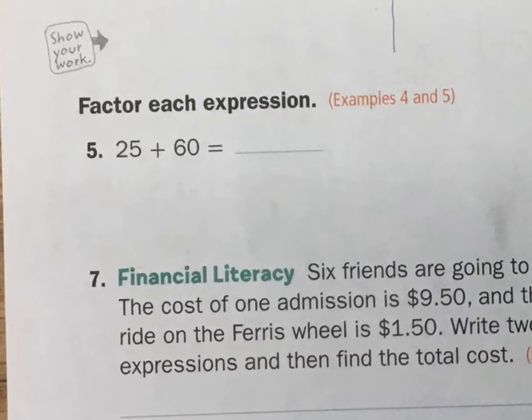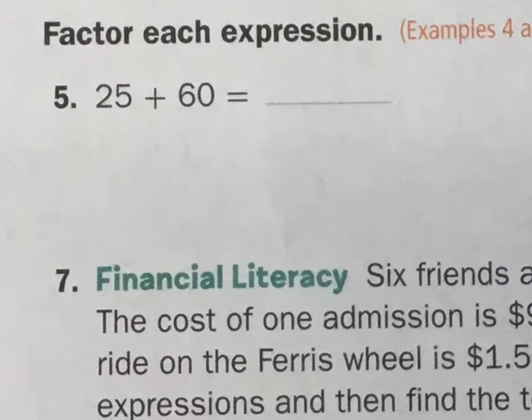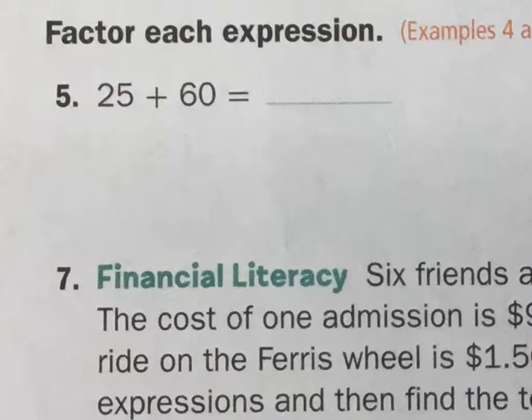Factor each expression. Okay, now factoring. What we want to do here is we need to go back into our memories, something GCF, greatest common factor. Okay, so let me get the factors for 60 and the factors for 25. 1 and 25. 2 no, 3 no, 4 no, 5.